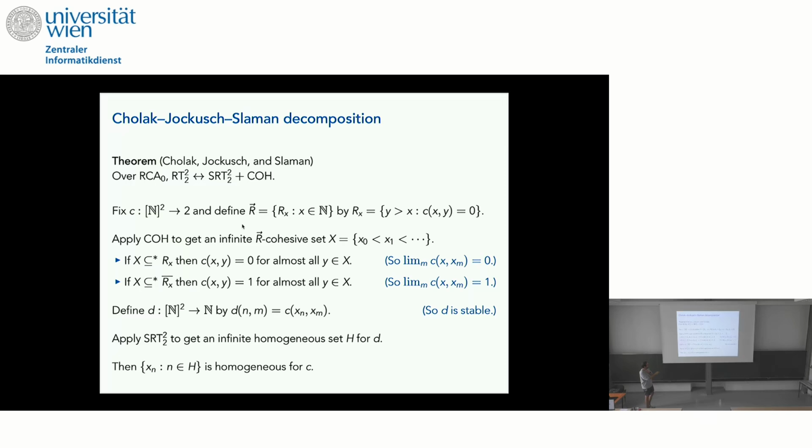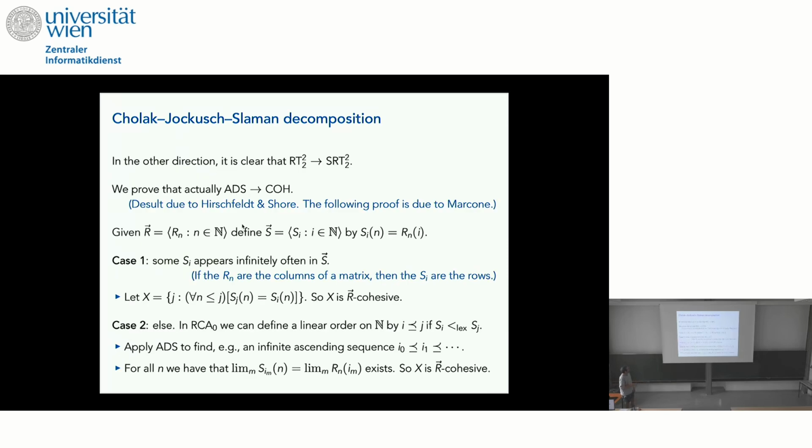That gives you a coloring. You get an infinite homogeneous set H for D by stable Ramsey's theorem for pairs, and now you take the elements corresponding to the positions in H, and that's homogeneous for C. So SRT22 plus COH, these two somewhat simple problems, together give you full Ramsey's theorem.